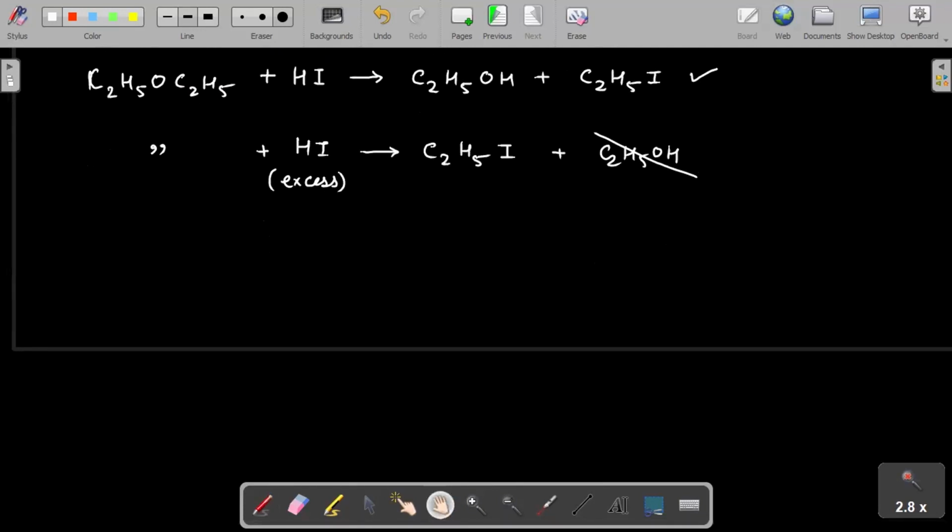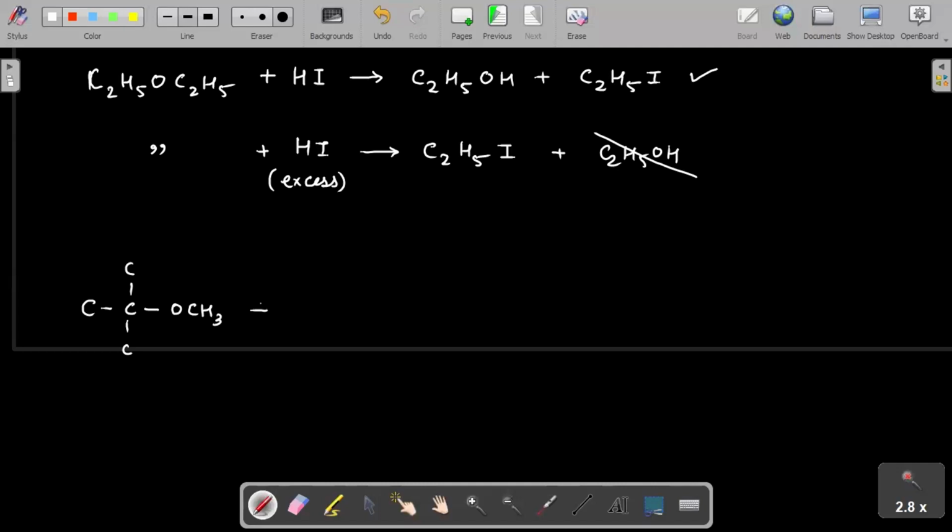Now, this reaction of ether with HI follows a nucleophilic substitution. Say, for example, I have a reactant with carbon, carbon, carbon, carbon, and HI.